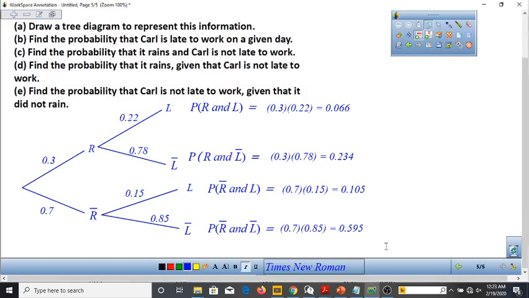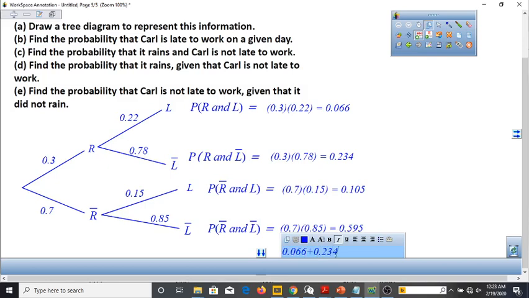So when we add 0.066 plus 0.234 plus 0.105 plus 0.595, you can check that on your calculator. 0.066 plus 0.234 is going to be 0.3.